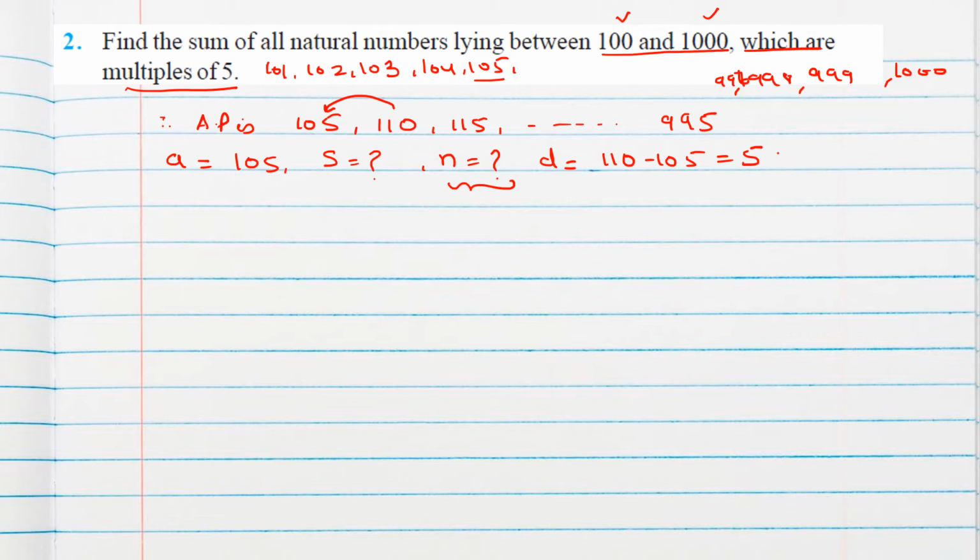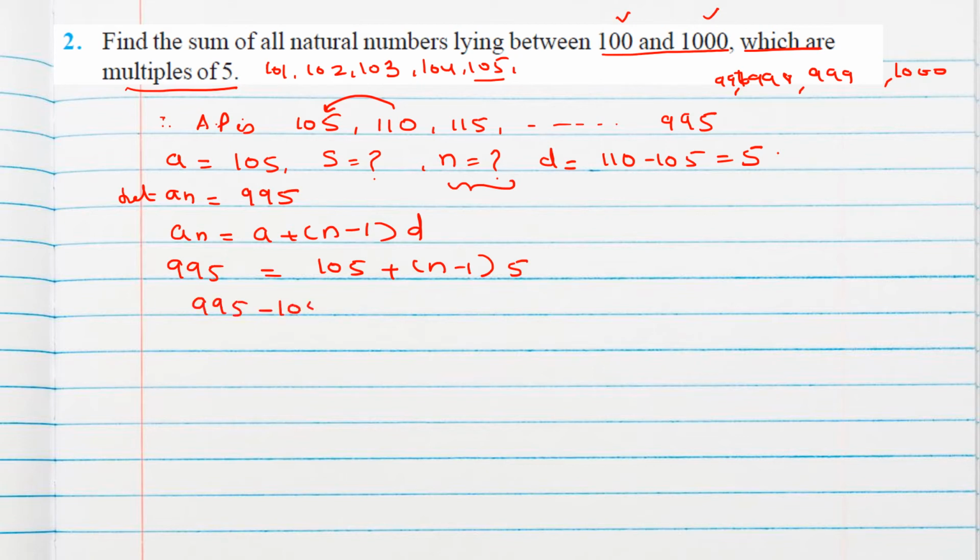To find n, we can start with the formula an, and let an be the last term, which is 995. So 995 equals a, whose value is 105, plus n minus 1 times d, where n is not known and d is 5. So 995 minus 105, that is 890, equals 5 times n minus 1.